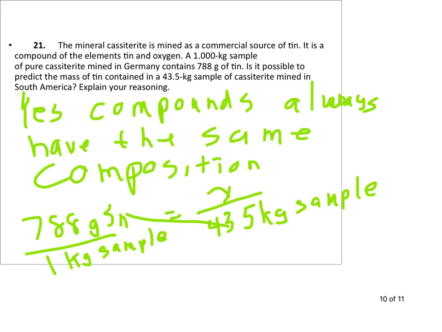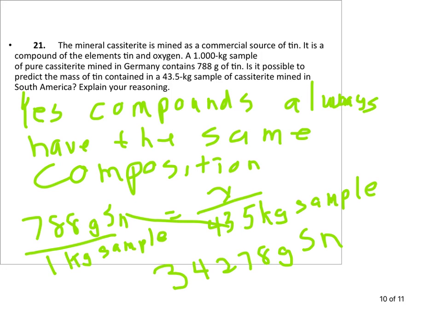So 788 times 43.5 is 34,278 grams of tin in that sample.